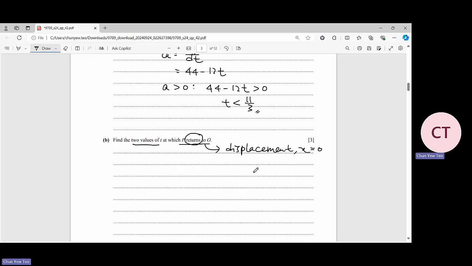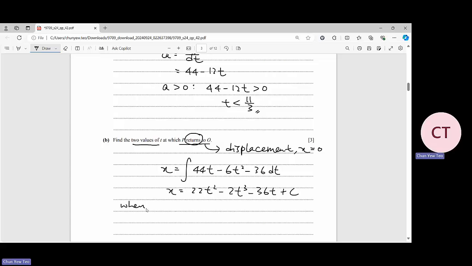To find x, we need to integrate 40 minus 6t squared minus 36 dt. Then you get 22t squared minus, no, not 12t, sorry, this one is 2t cubed minus 36t plus c.